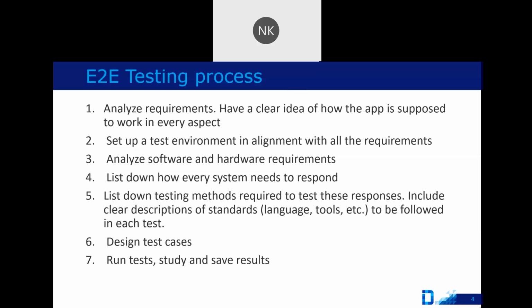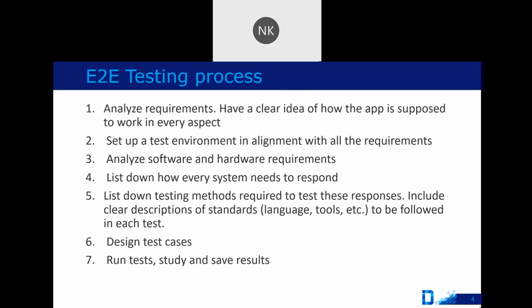The first one is to analyze the requirements. So we have to gather the requirements as usual, and we have to have a clear idea about how to work with those interconnected subsystems, and we have to have a clear picture of those systems.